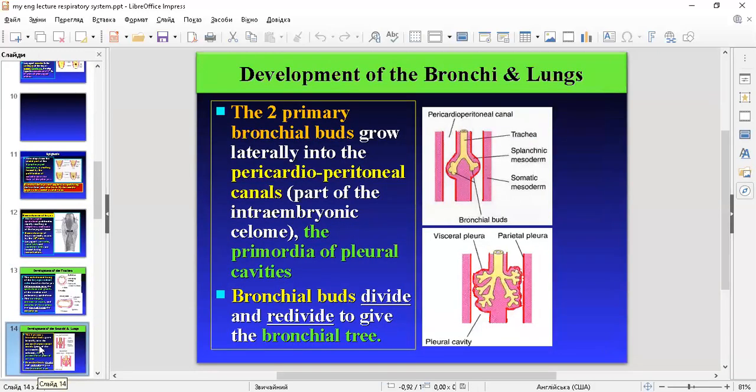Development of the bronchi and lungs. The two primary bronchial buds grow laterally into the pericardioperitoneal canals, part of the intraembryonic coelom, the primordia of pleural cavities.